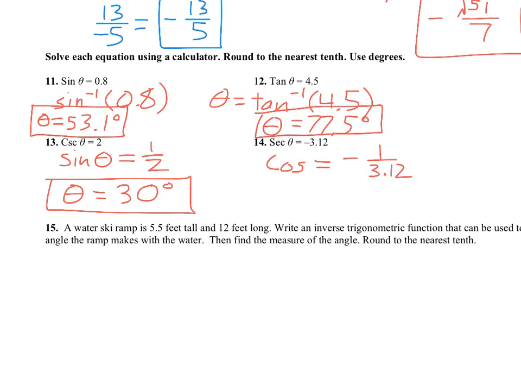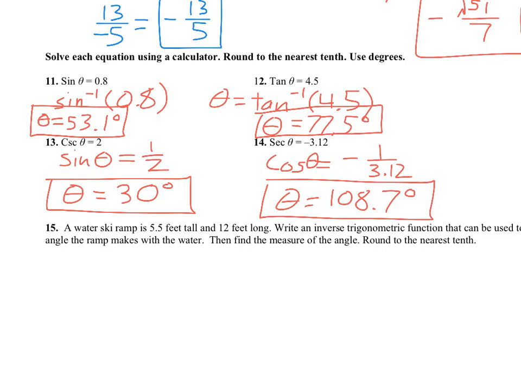So now do inverse cosine, and in the parentheses put negative 1 divided by 3.12, and you get that theta is 108.7 degrees, and theta needs to be in quadrant 1 or 2 when you have the capital letter, and this is in quadrant 2, which is good.